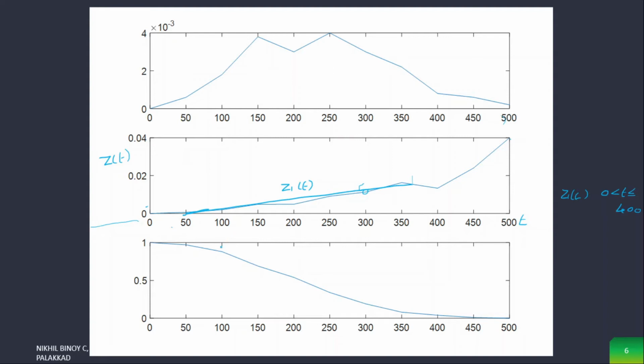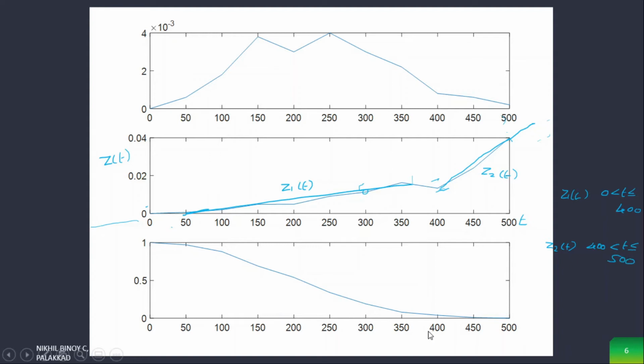Is it okay? Now from 400 to 500, from this point to this one, is the second one. Here we label it Z2 of t, if 400 less than t less than or equal to 500.